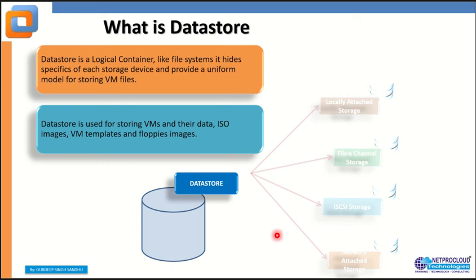In the same manner, the data store is a logical container and hides what kind of storage we have in the backend. It hides those specifics and presents us with a logical container.